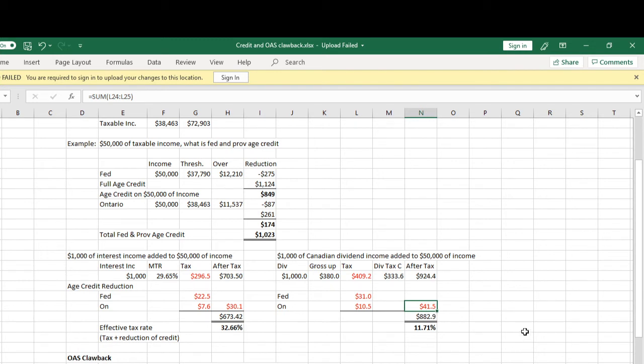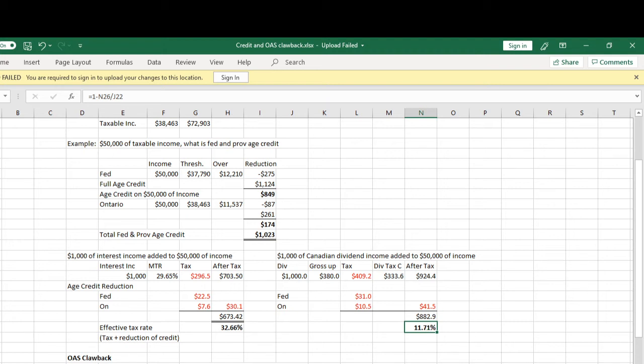It is the same, it's still $1,000. However, my age credit drop with the dividend is bigger. But note this, everybody should note this. It is still much more beneficial to get $1,000 of Canadian dividend income than $1,000 of interest income in a non-registered account.